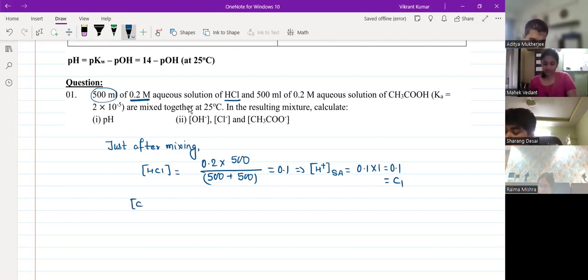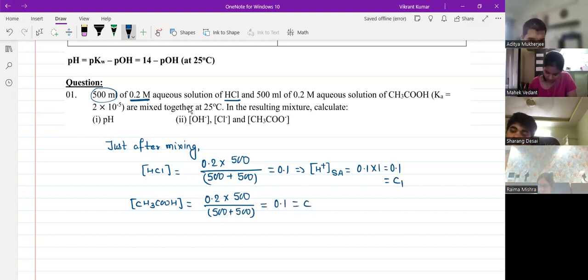The concentration of CH3COOH, which before mixing was again 0.2 M in 500 ml. So these many millimoles were there, divided by total volume 500 plus 500. So this is the final molarity, which is 0.1, which I called C2.